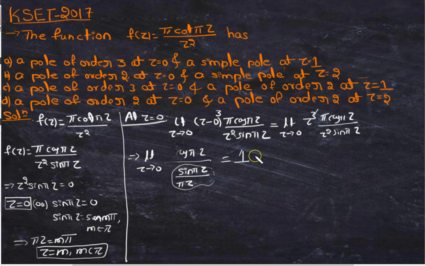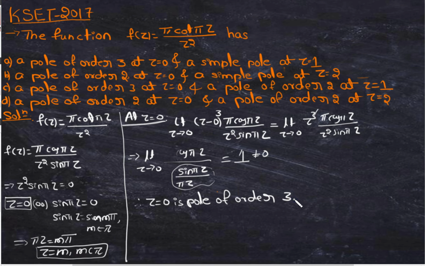This limit is 1, and this is a non-zero complex constant. Therefore z equal to 0 is a pole of order 3. Okay, of order 3.